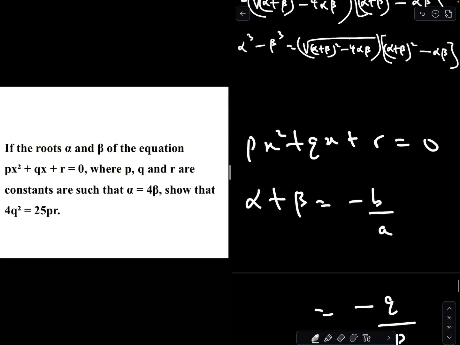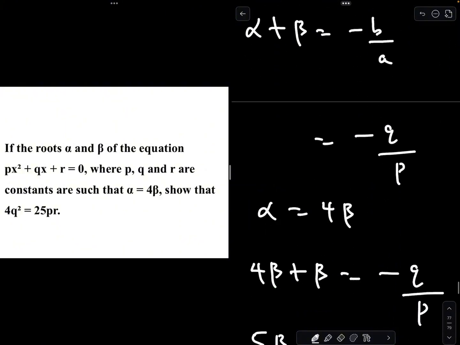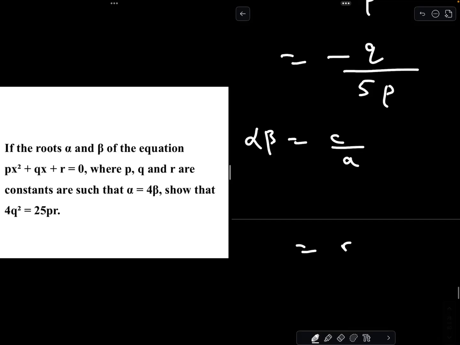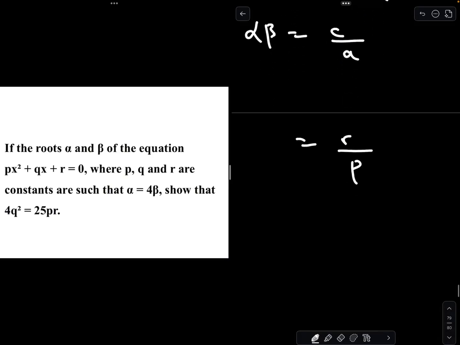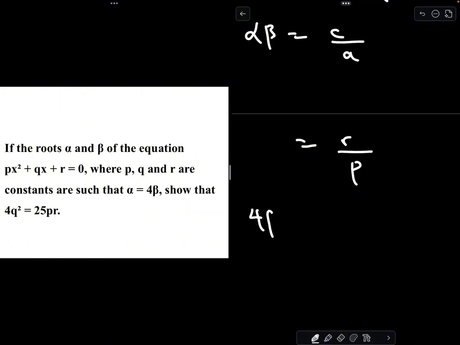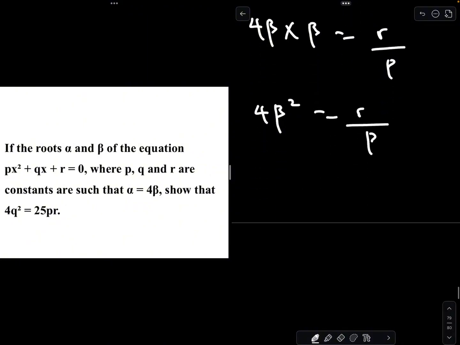Now the product of the roots, which is alpha beta, is c over a. And we can see that c is r and a is p. So that simply means alpha beta equals r over p. If alpha beta equals r over p, and we know that alpha is the same as 4 beta, that simply means 4 beta times beta is equal to r over p, which means 4 beta square is equal to r over p.